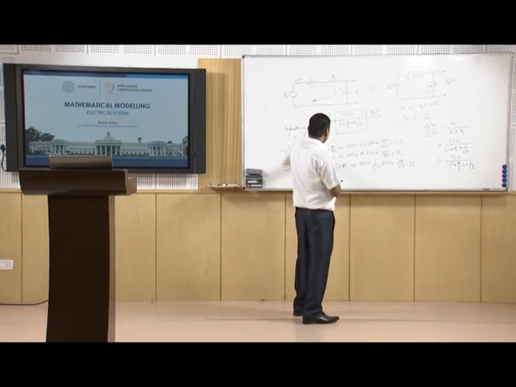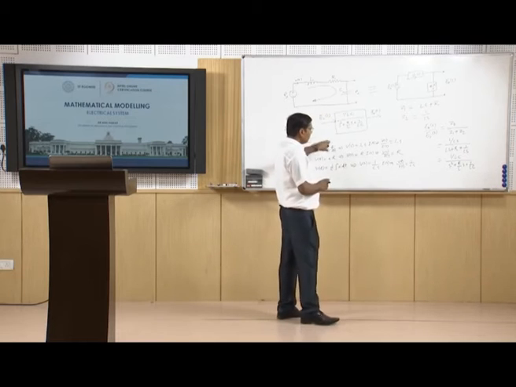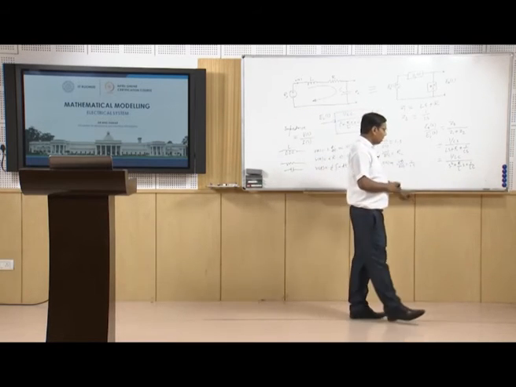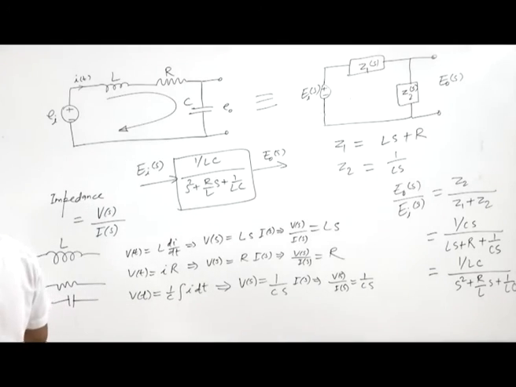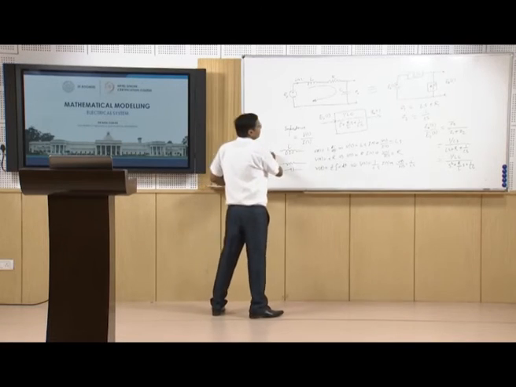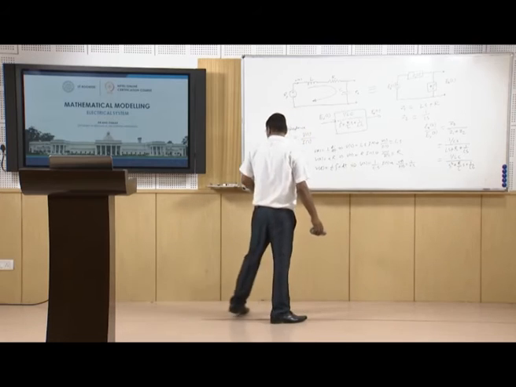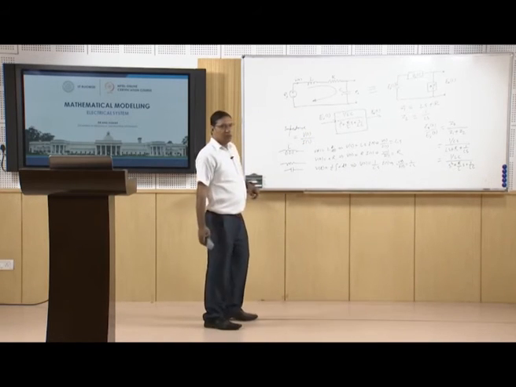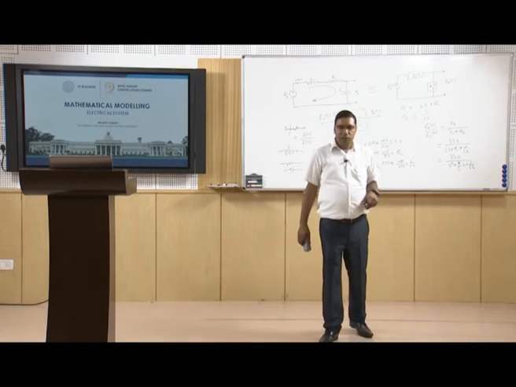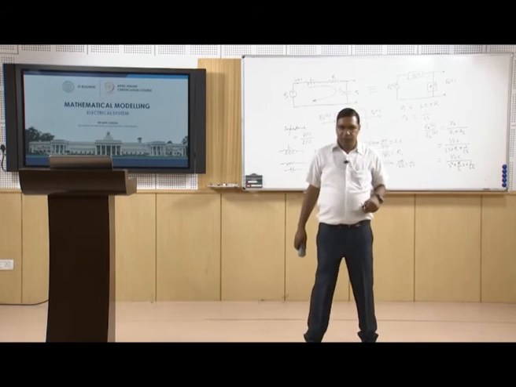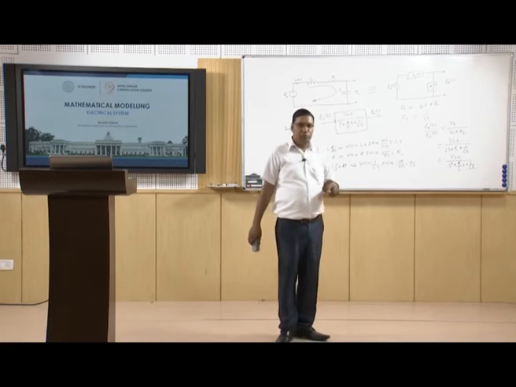We do not need to go to the differential equations, we can directly find the transfer function. So, we can take one more example that may contain nodes where the currents will divide, and so it may form more than one loop.